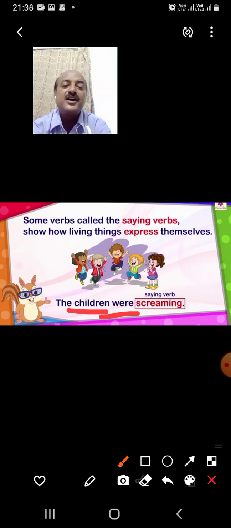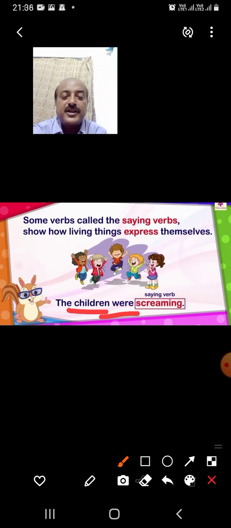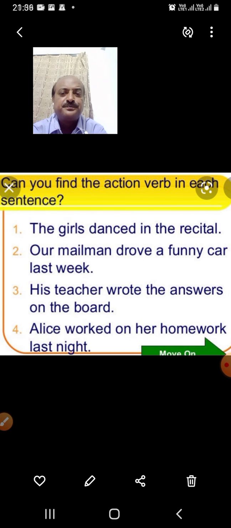So this is a saying verb. What action is being done? They are screaming. That means they are shouting. Run, swim, jump, study. These are some more examples of action words.